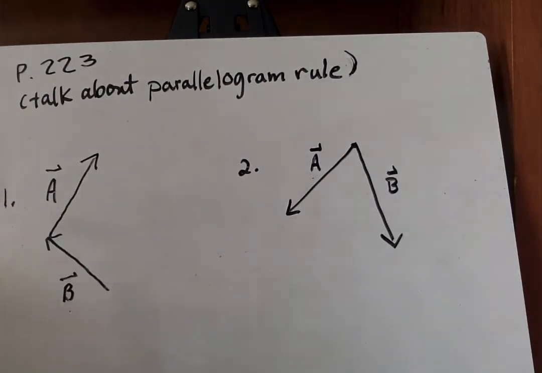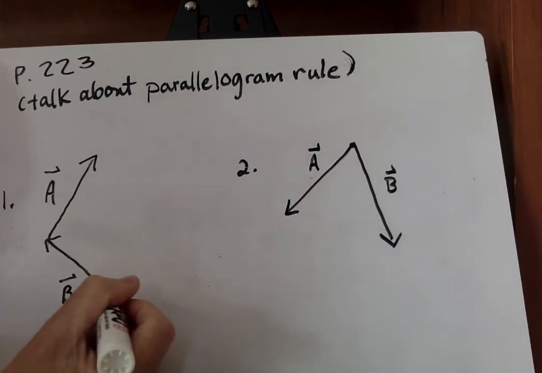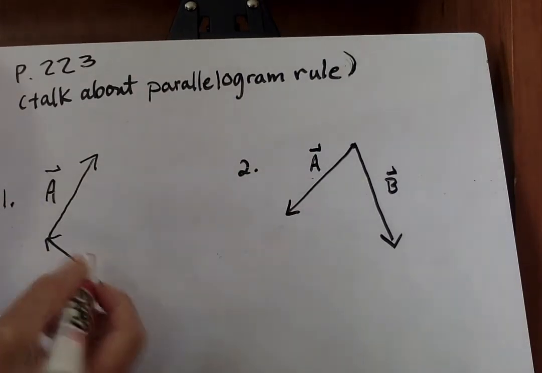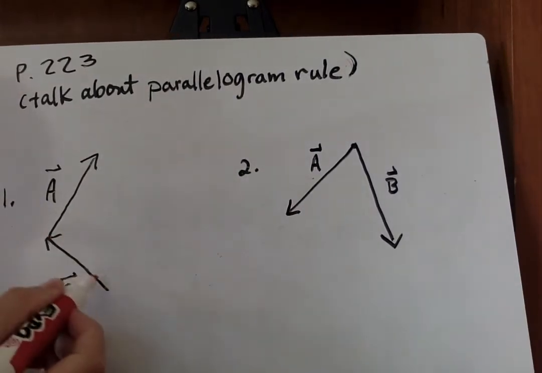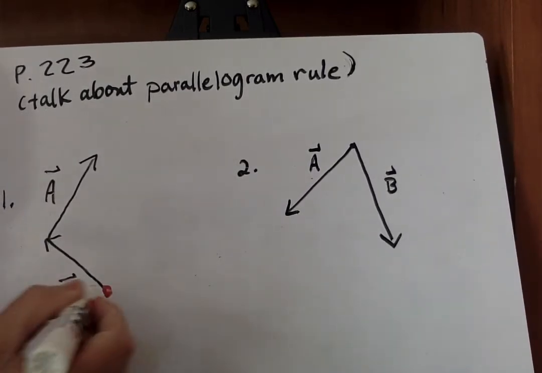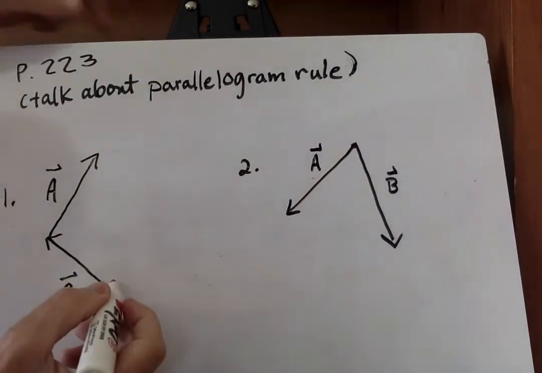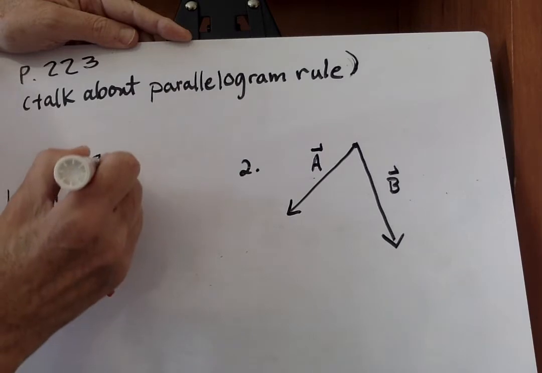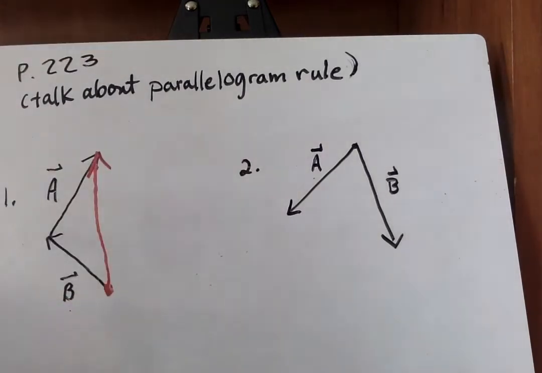If you have to draw the resultant vector for A plus B, we want to start with the initial point of B at the terminal point of A. Then we draw it all the way to the terminal point of B, and then you are finished.